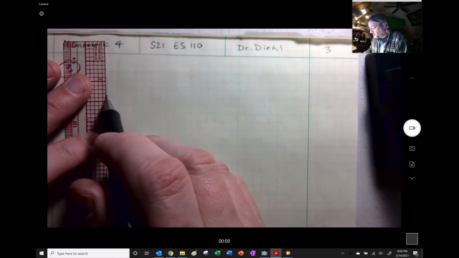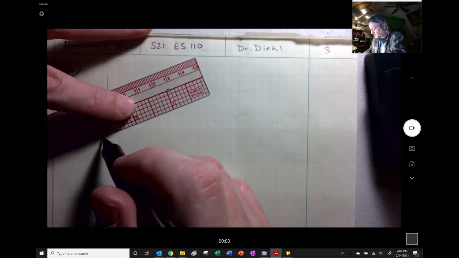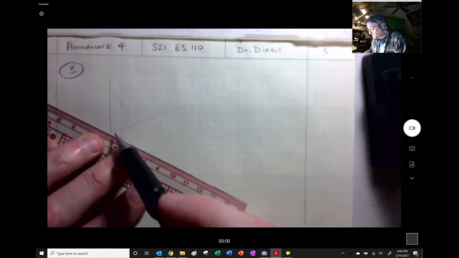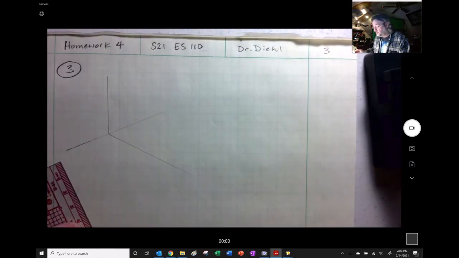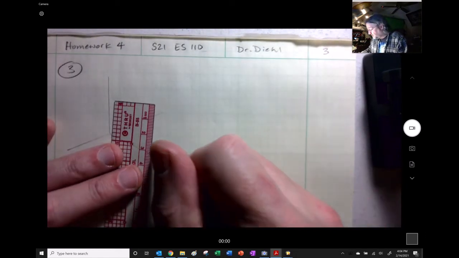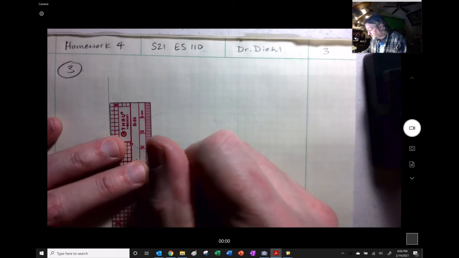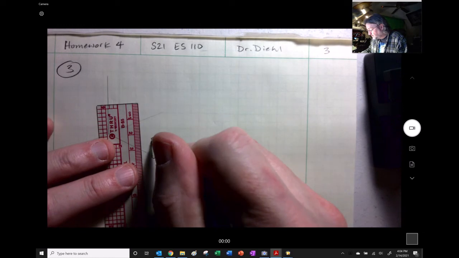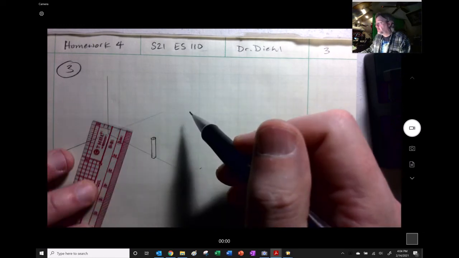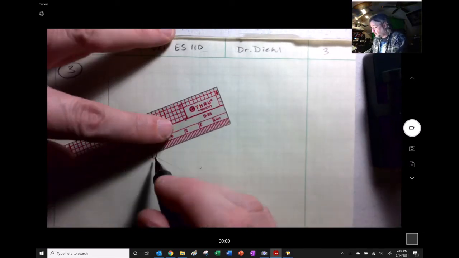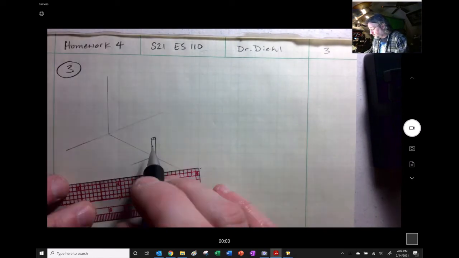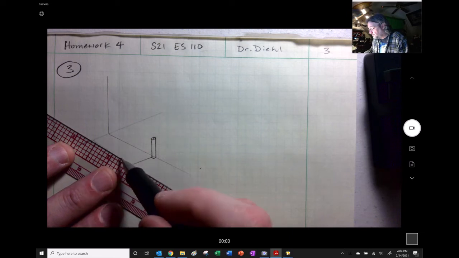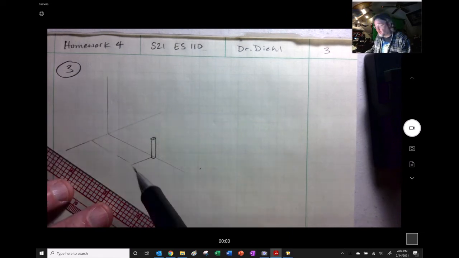Let's see. This is a little bit of a tricky one to draw, isn't it? I guess they're all a little tricky. Okay, and so let's get this dimension right there. Whoops, it wasn't parallel to there.